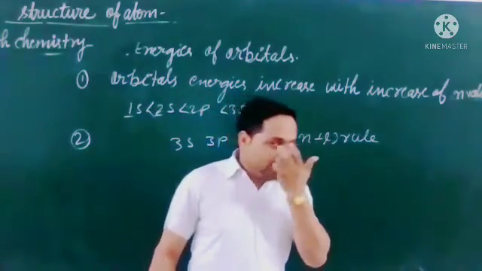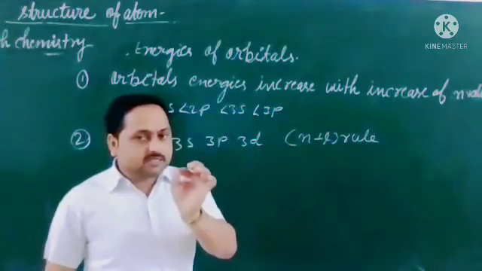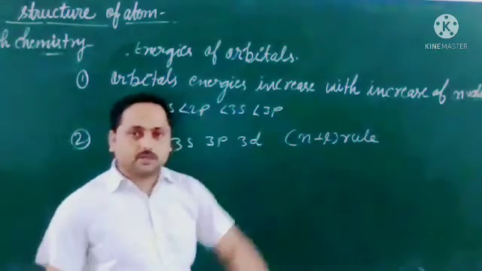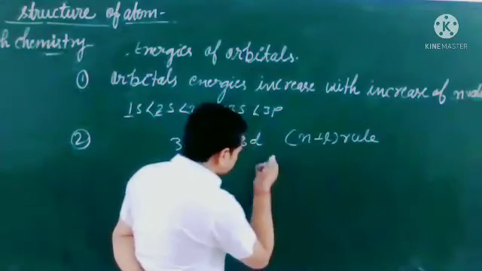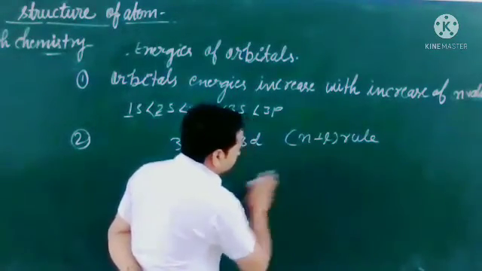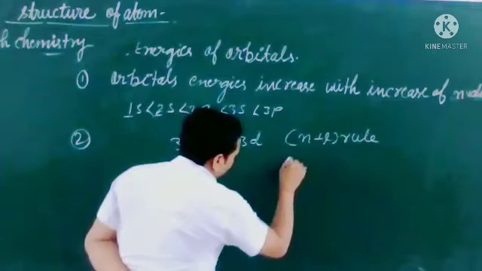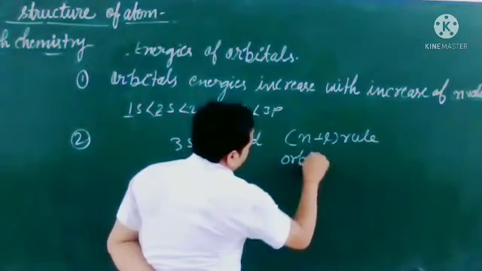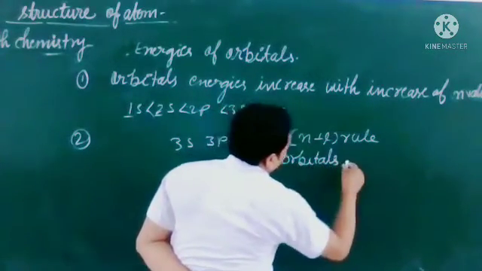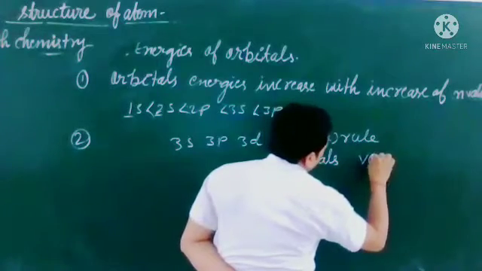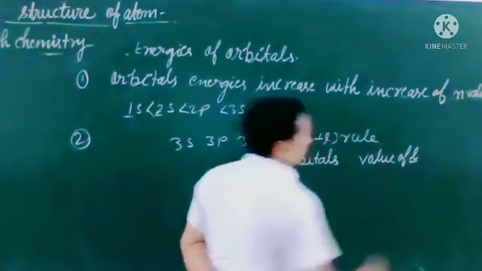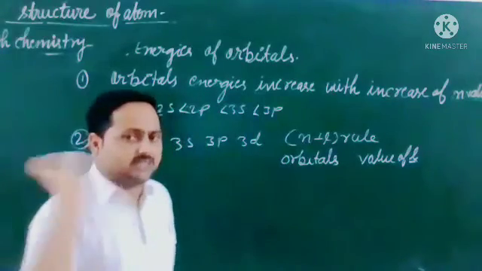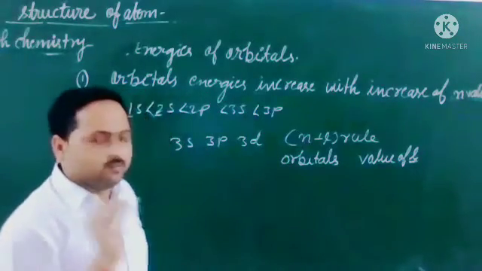I am telling you some values; all of you learn them. Here I am writing orbitals and the value of l. We have not discussed this yet, but just learn it; when we discuss it, it will be clear.